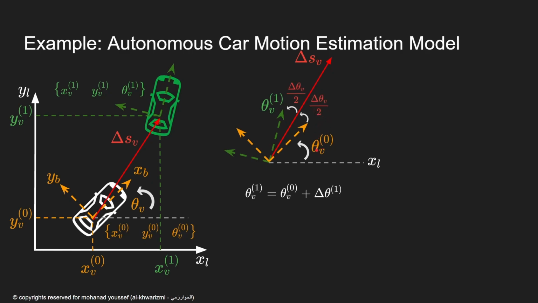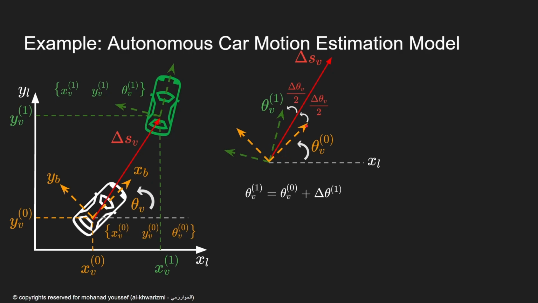So what we can model is that the vehicle, to move from this position to this position, rotated by half the delta theta and then moved by displacement delta s. So it came here and then rotated again by delta theta by 2 to align to this position.